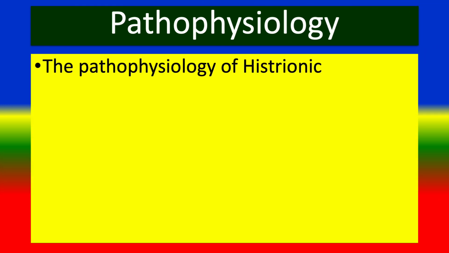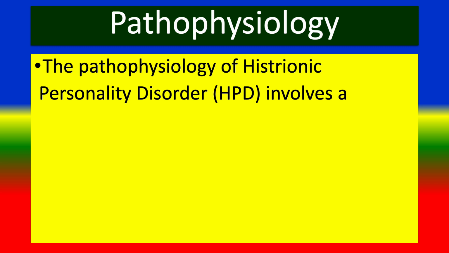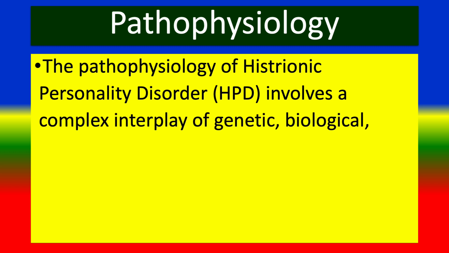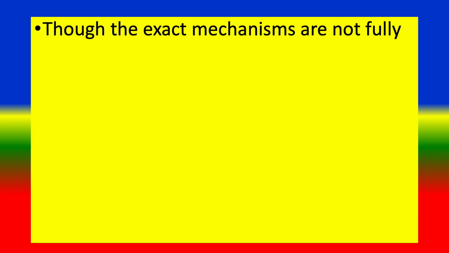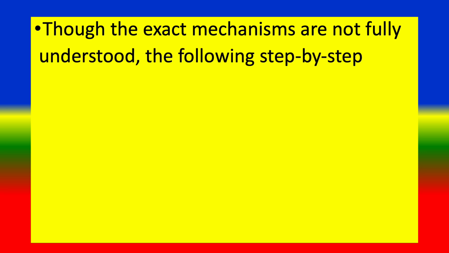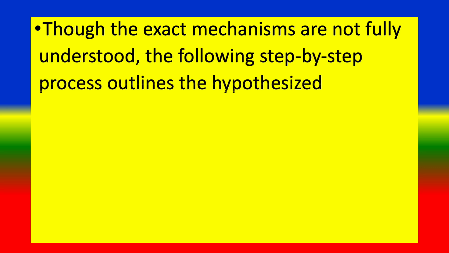Pathophysiology. The pathophysiology of histrionic personality disorder involves a complex interplay of genetic, biological, environmental, and psychological factors. Though the exact mechanisms are not fully understood, the following step-by-step process outlines the hypothesis. Progression.